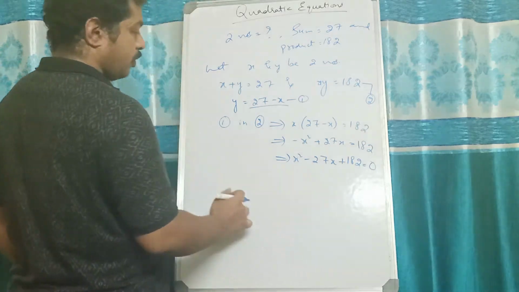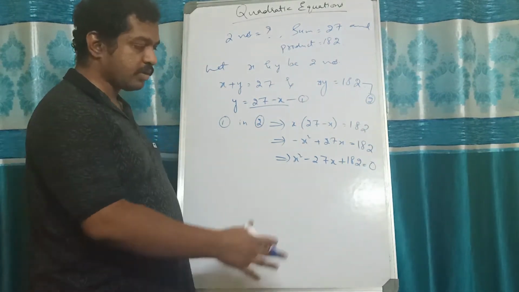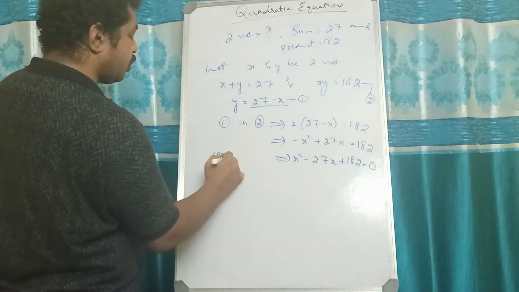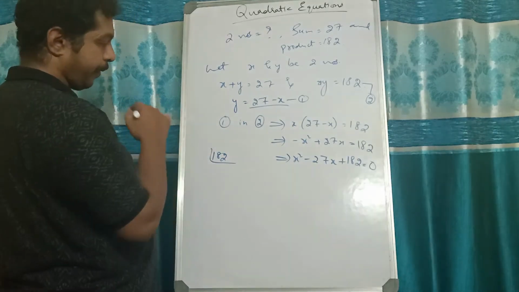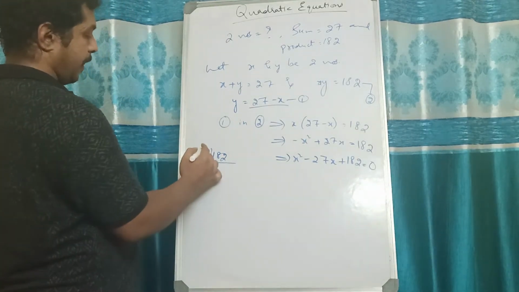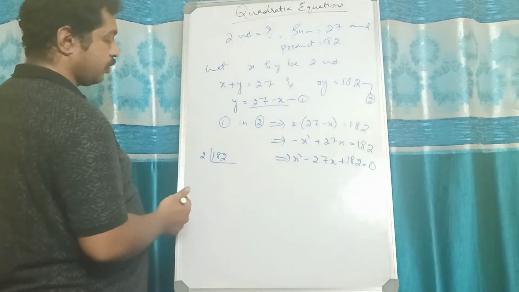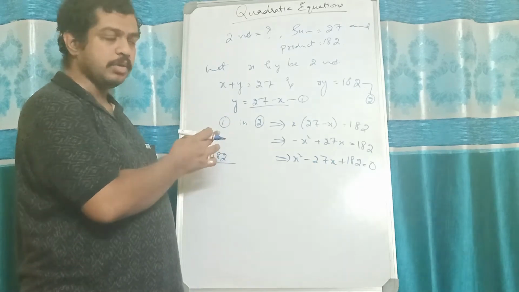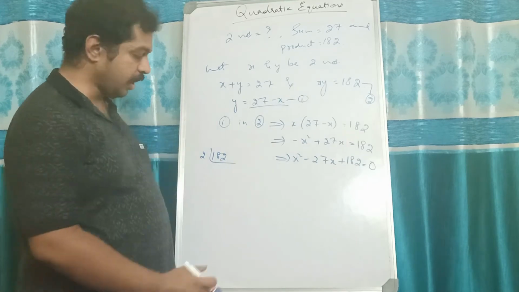Okay, as everyone knows, the factorization method looks like the simpler one, right? So I'll use that particular method. So 182, what are the factors of 182? 2. Since it's an even number, I'll start dividing by 2. What I'm doing here is finding all the factors of 182 so that I can easily split the middle term, which is minus 27x. Okay, yeah.